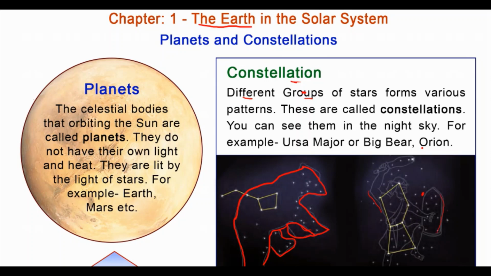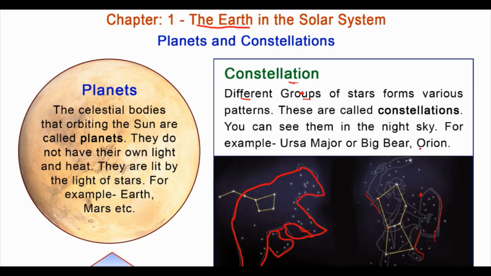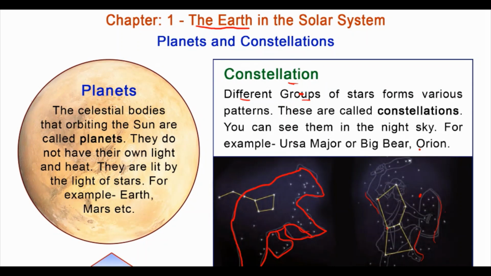He has a shield in his hand, and you can see there are some stars. You can see these lines which are forming a shape, a pattern. Okay, so this is what we call constellations. They are a group of different stars which form various patterns, and you can even see them in the night sky. So examples were the Ursa Major or the Big Bear.